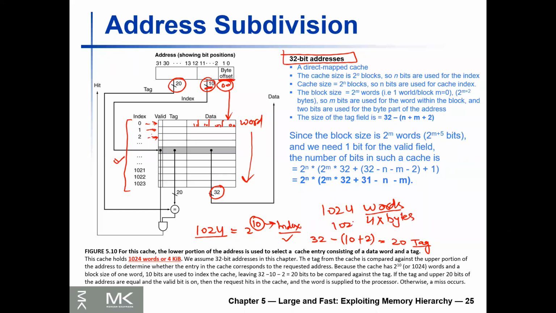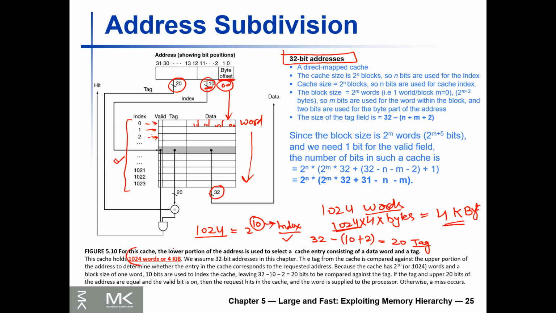And 1024, do you remember what we called 1024? Do we call it a kilo? 1024? Okay, so can we say now 4 kilobyte memory?